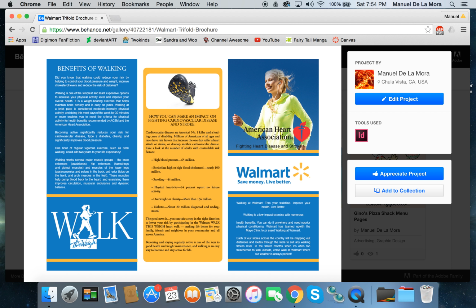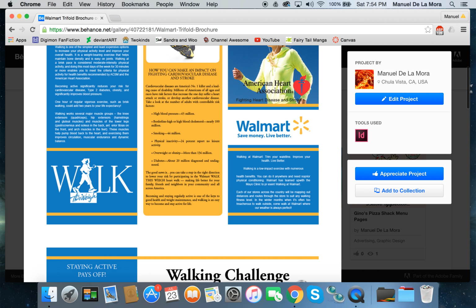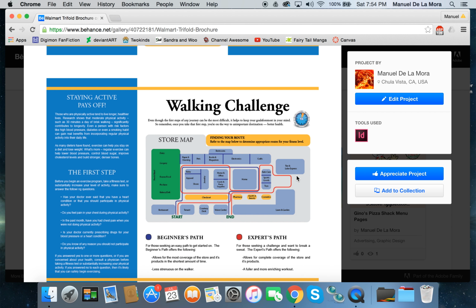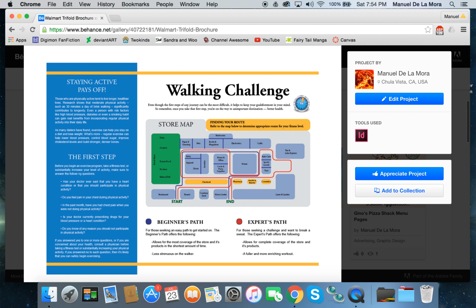Now, I also incorporated a lot of imagery to tie into its association with the American Heart Association. This means images such as the jogger, the shoe, the design here, and of course the huge walking challenge map that takes up a large chunk of the back here.